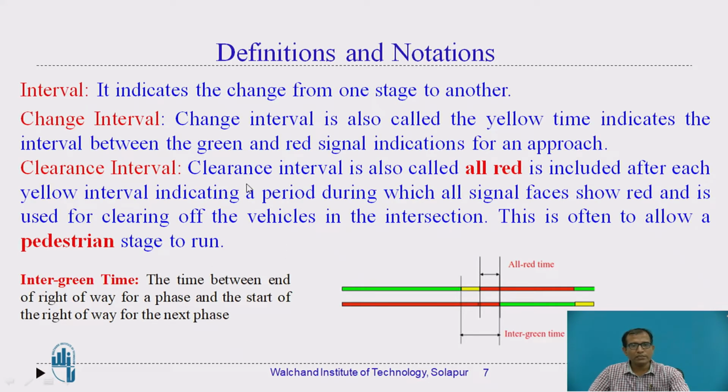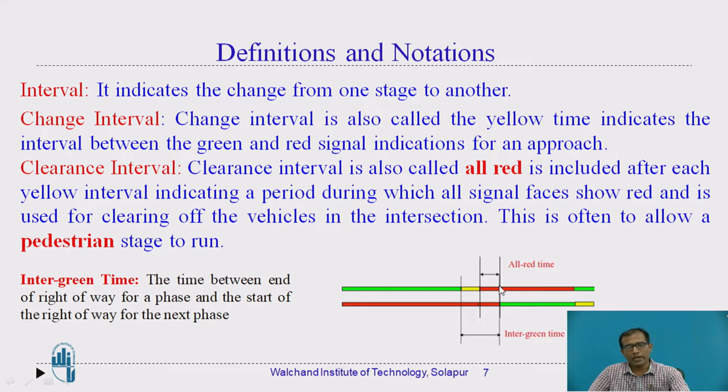We have two intervals, the change interval and the clearance interval. The change interval is the interval between the green and red signal. You can see that this part of the yellow indicates the change interval. The clearance interval is given by the all red time.